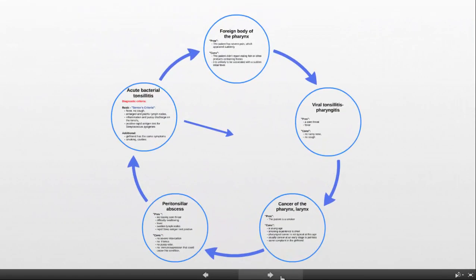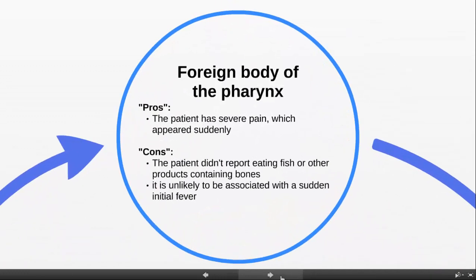As for 5 differential diagnoses, I want to show you a small journey considering this or that diagnosis and my way of pros and cons clinical decision making. Let's start.